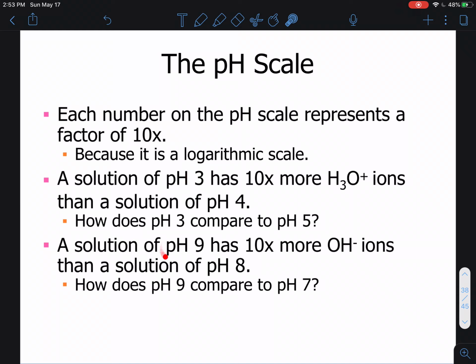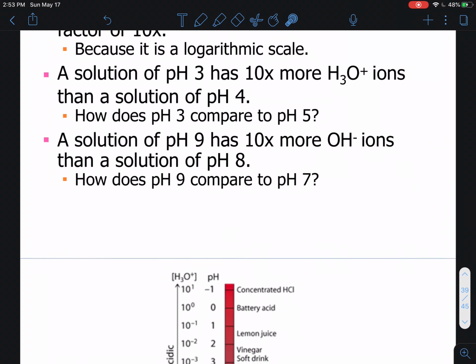If we're looking at a solution that has a pH of 9, and we compare that to a solution of pH of 10, you can say it has 10 times more hydronium ions than a solution of pH of 8. So how does a solution of pH of 9 compare to the solution of pH of 7? Again, it's going to be the same thing, in terms of hydronium ions.